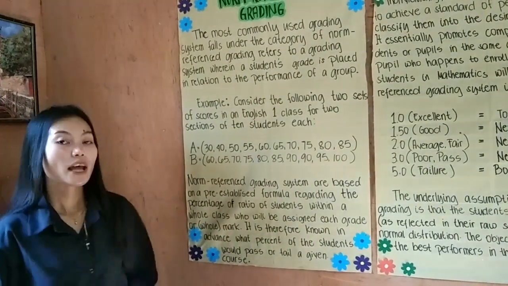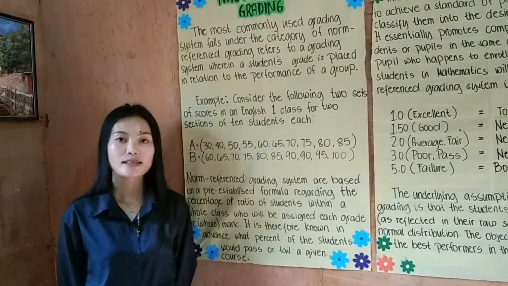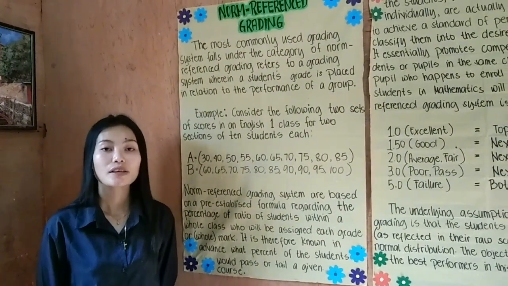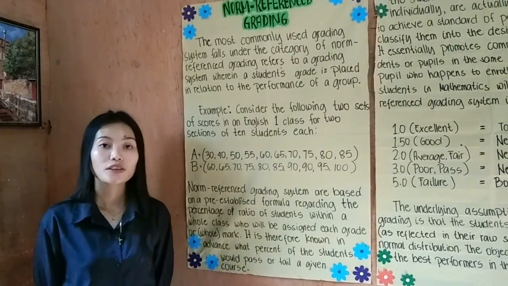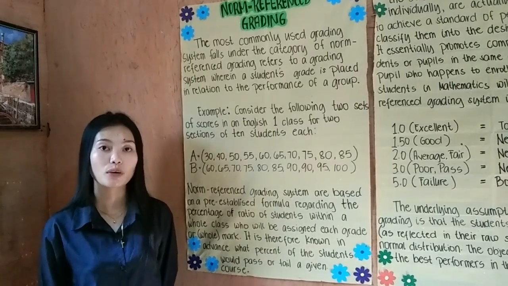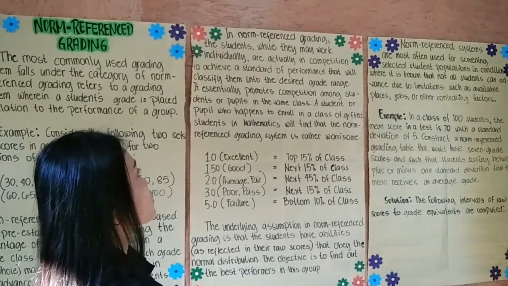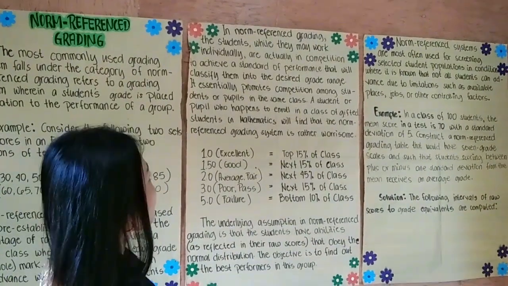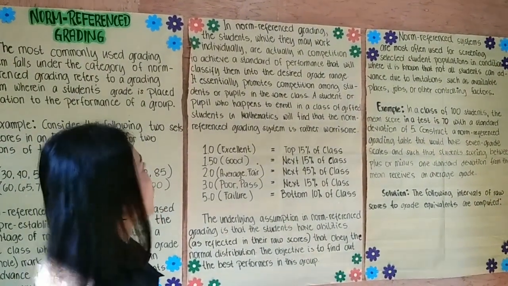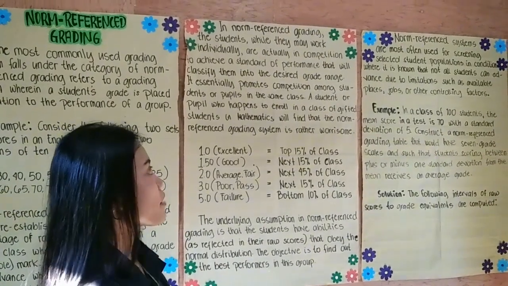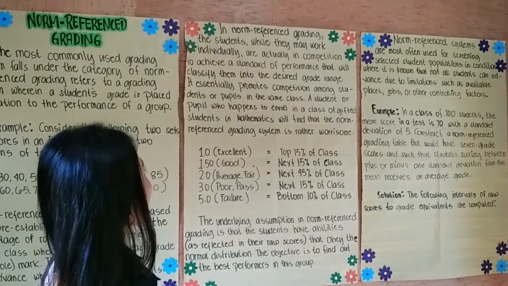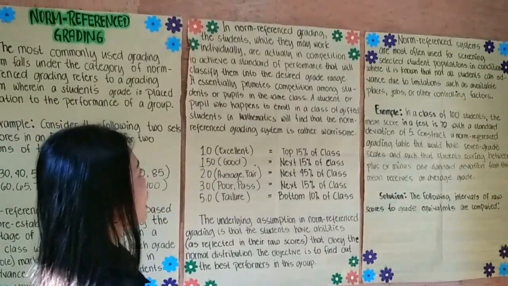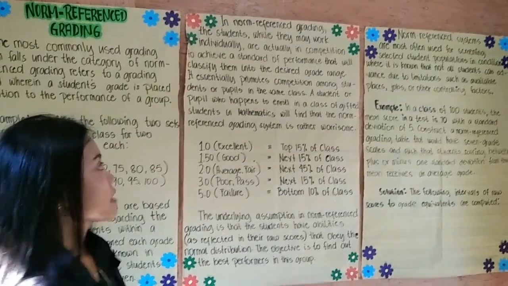For this reason, many opponents of the norm reference grading system argue that such a grading system does not advance the cause of education and contradicts the principle of individual differences. In norm reference grading, the students, while they may work individually, are actually in competition to achieve a standard of performance that will classify them into the desired grade range. It essentially promotes competition among students or pupils in the same class.